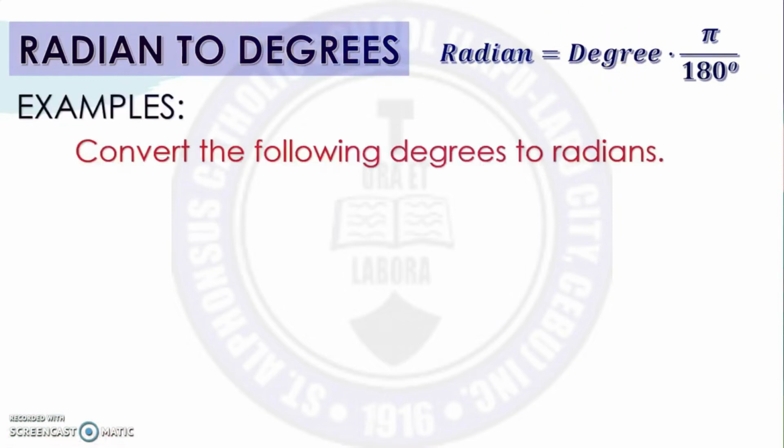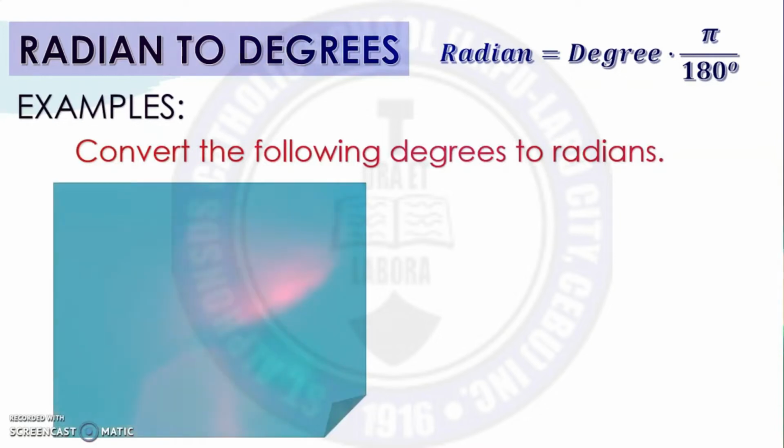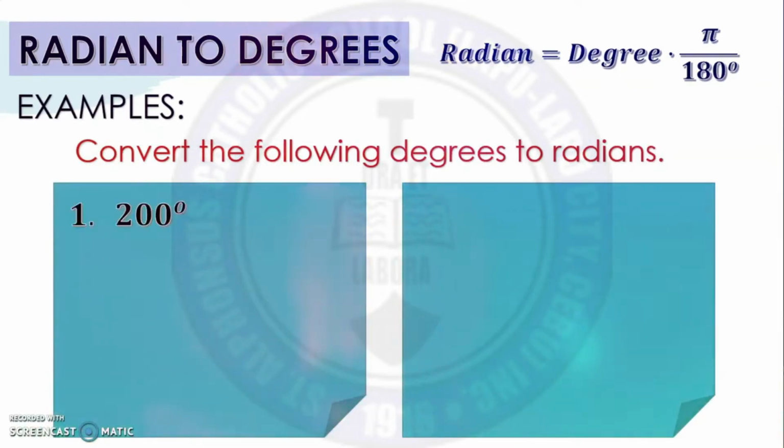Convert the following degrees to radians. Number 1, 200 degrees. So, in converting this one, you will just have 200 degrees equal to 200 degrees times pi over 180 degrees.